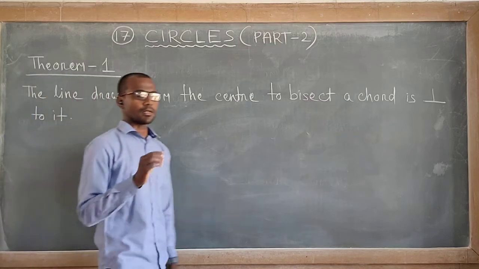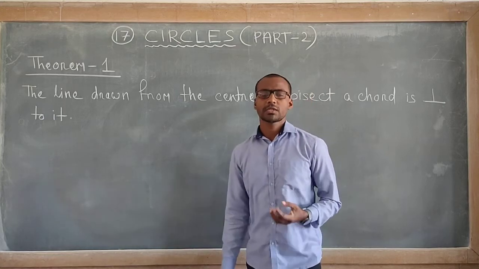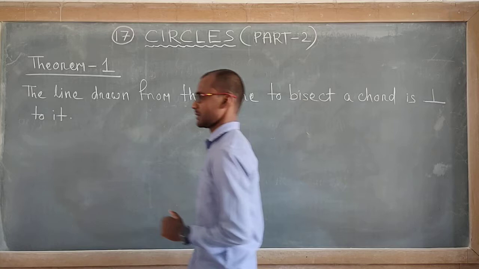Okay, the line drawn from the center of the circle to bisect the chord, meaning to the midpoint of the chord, is perpendicular to that chord.